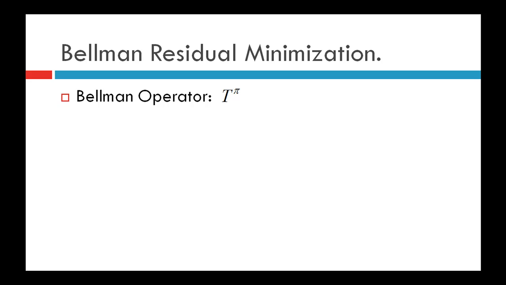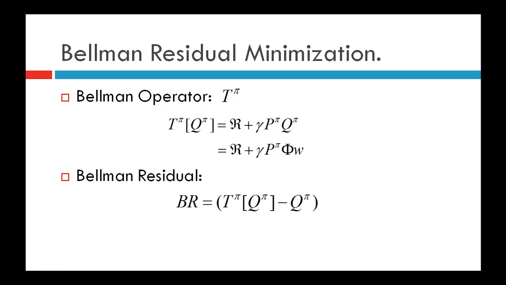Here is the Bellman operator T pi, which when applied to a value function results in a one-step transition. So T pi Q pi is R plus gamma times P pi Q pi, and when written in terms of value function approximation, it is equivalent to R plus gamma times P pi times phi times W. The Bellman residual is defined as BR equals T pi of Q pi minus Q pi.